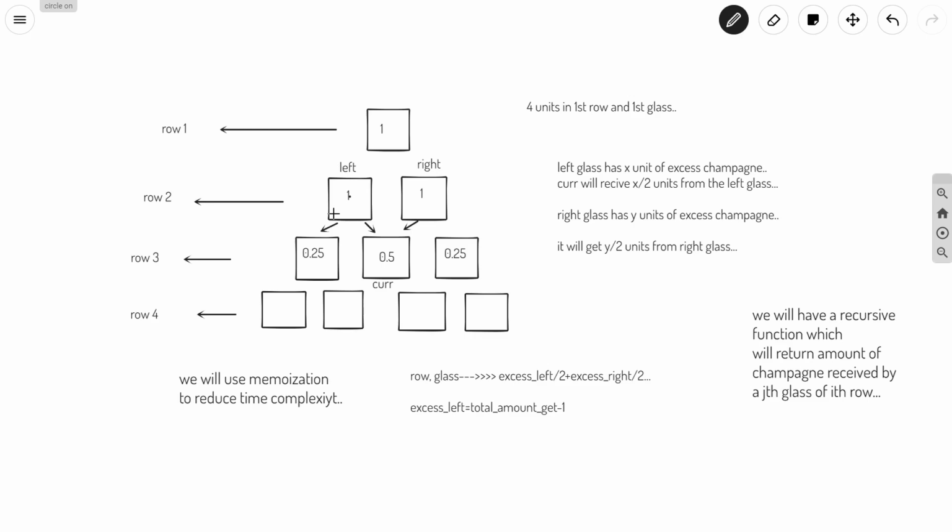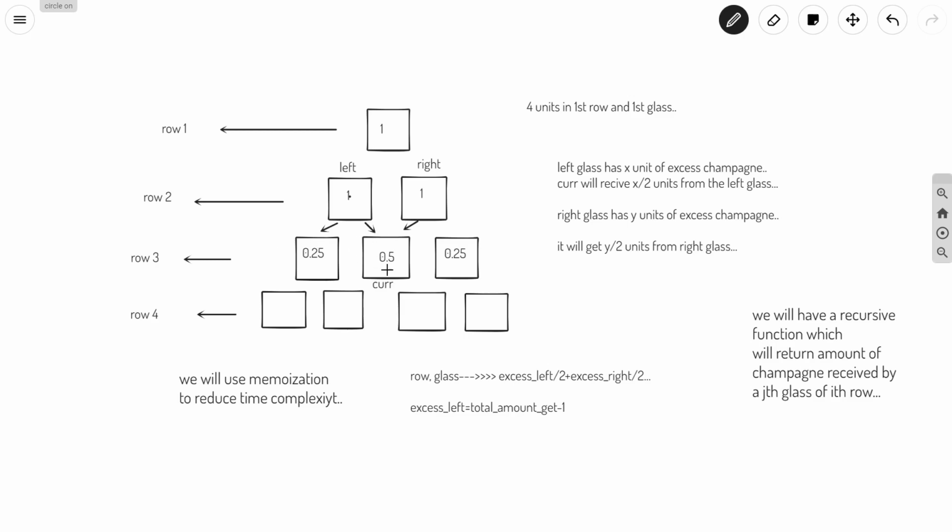Okay, so for this left part we have to recursively calculate the total amount of champagne which this left glass has received, and we will just reduce it by 1 because excess will be nothing but total amount received minus 1. So this will be our excess amount of champagne for this left glass, and this excess amount will be divided into two parts, and half of the champagne will be given to this glass and half will be given to our current glass.